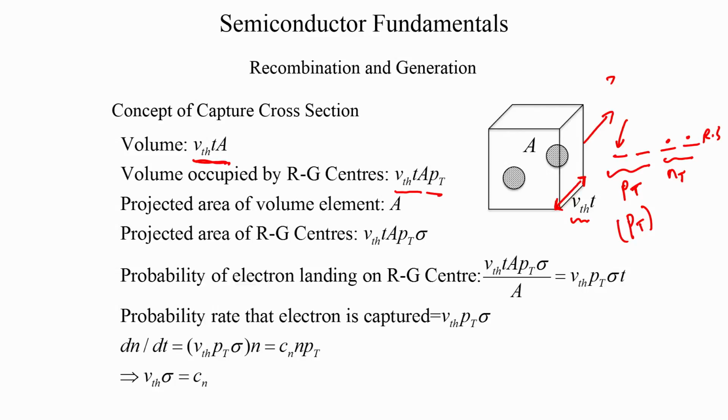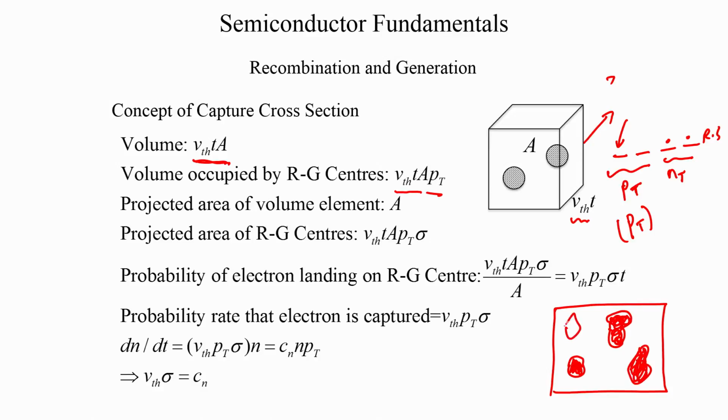Now, let us project this entire 3D structure onto a 2D plane. We sort of squeeze in and flatten out all the RG centers. So, you have the RG centers here, there might have been two, say, behind one another, and these are all regions occupied by the RG centers, and this entire area has got an area of A. The total projected area as seen through all these RG centers is the number of RG centers into the cross section area of each RG center.